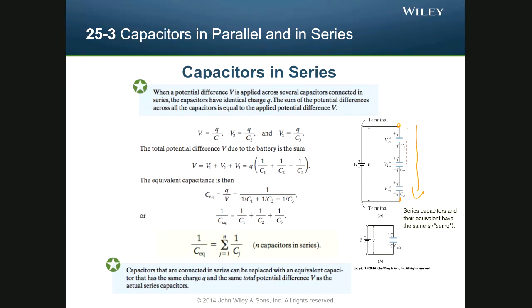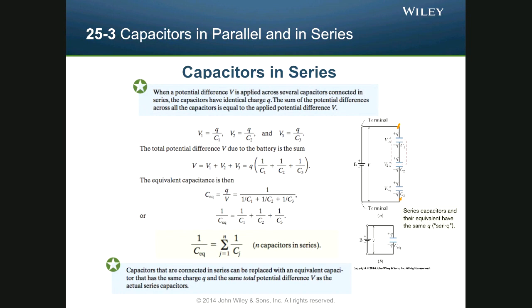But as far as where we are now, you'll notice I'm going to draw two terminal points here. The potential difference across these two points must be the same. We're going to learn why and how that works as we go forward, but that's basically what we can see as far as a series circuit goes.